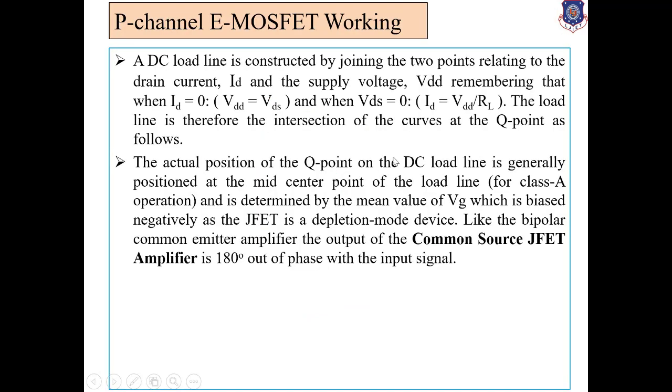So the Q point on the DC load line is generally positioned at the mid center of the DC load line. That is also known as class A power operation, and it is determined by the mean value of VG. So this is the working of the common source JFET, which is 180 degrees out of phase with the input signal.